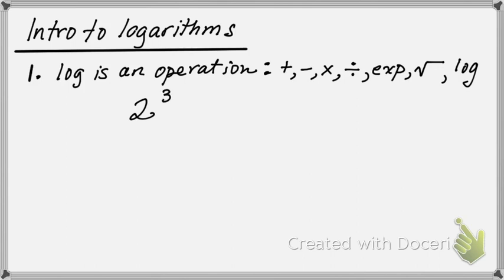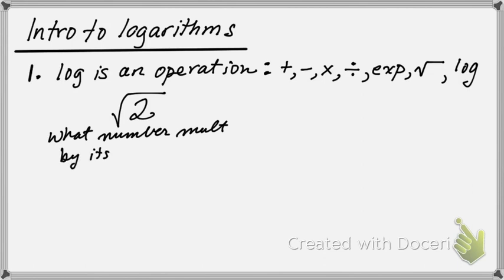If I raise it to a power, I had 2, 2 to the 3rd, now I have 8. Take the square root. I had 2, now I have something between 1 and 2. Because I know what this means. I know that it means what number multiplied by itself is equal to 2.